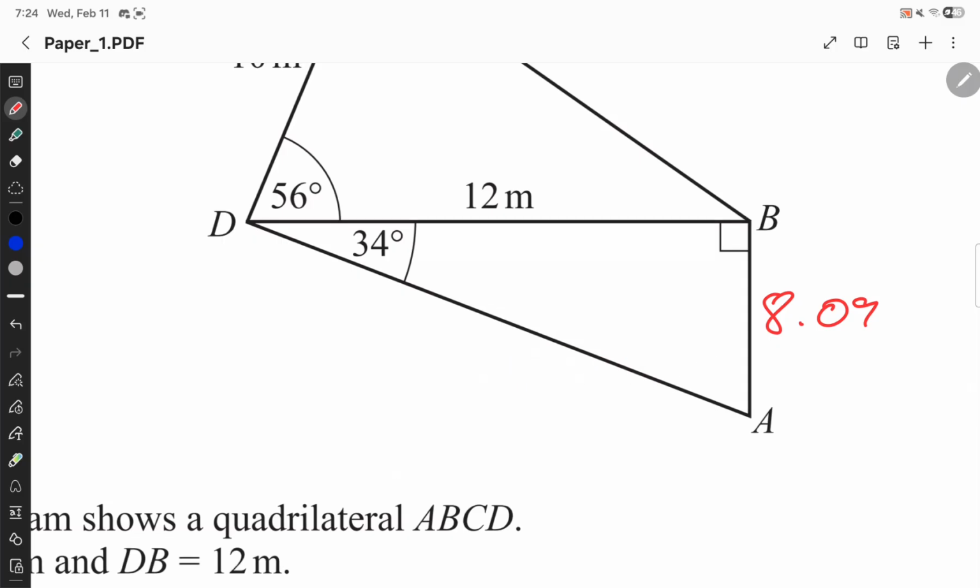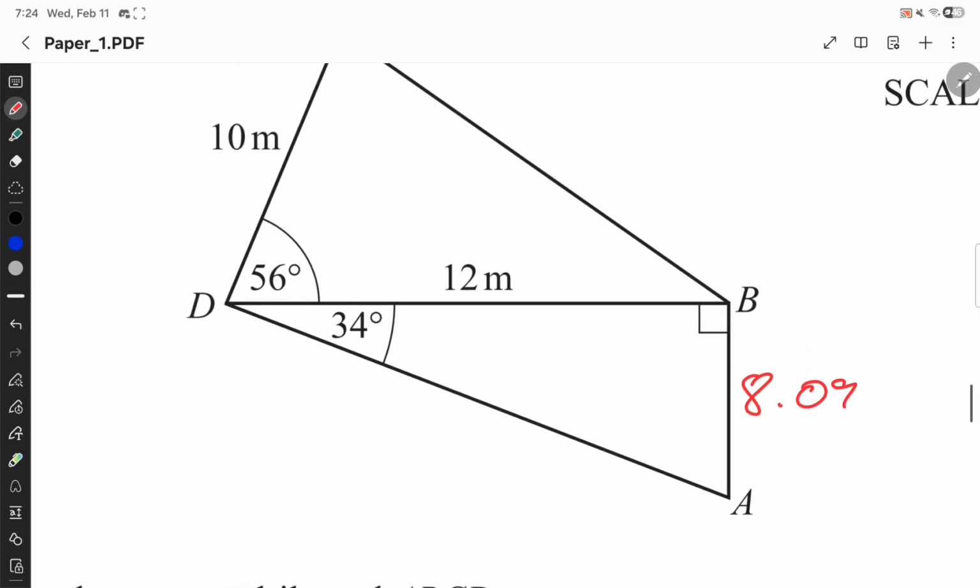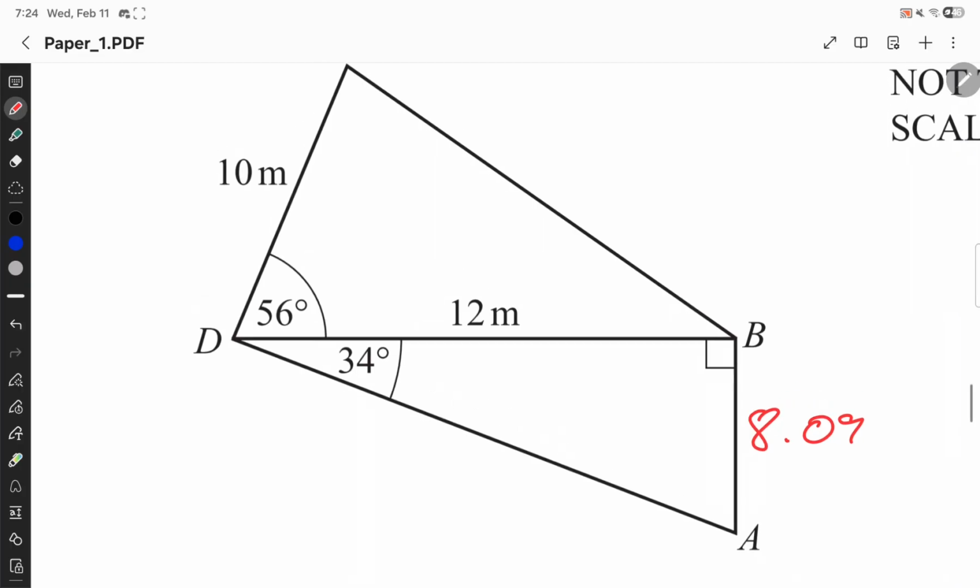Okay, I'm very sorry, I didn't get the question. I know. Okay, this is half times 12 times 8.09. Very sorry. Okay, to find the area we need to find this. This will give the answer 48.50.